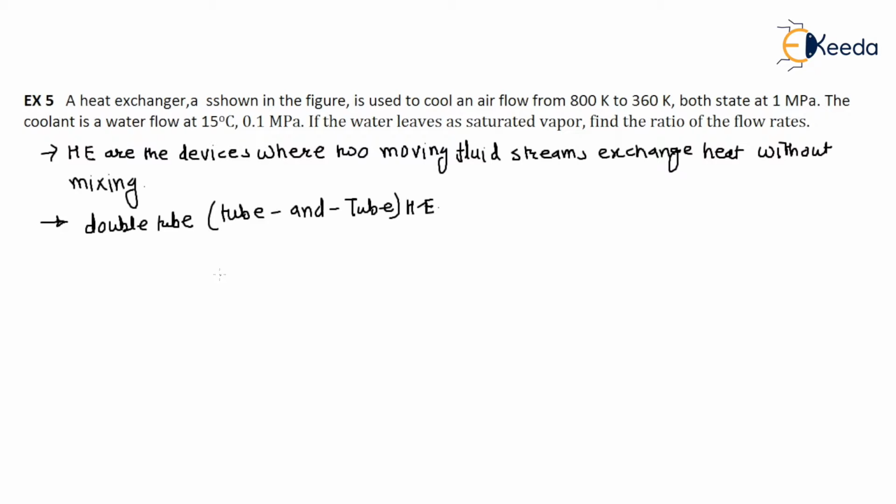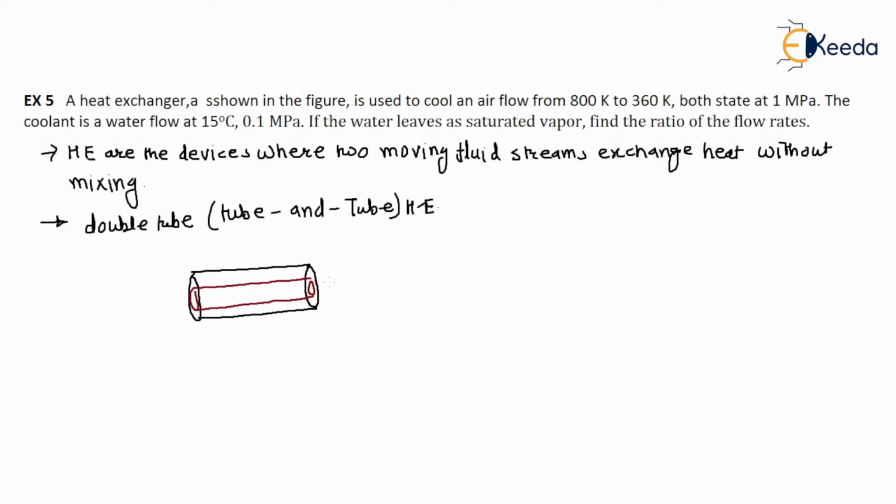There is one pipe and there is another cylindrical tube, two concentric tubes of different diameters, right?